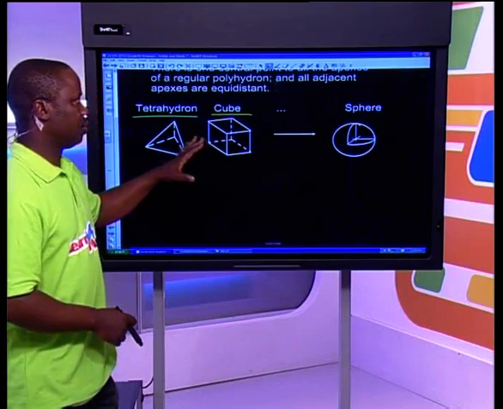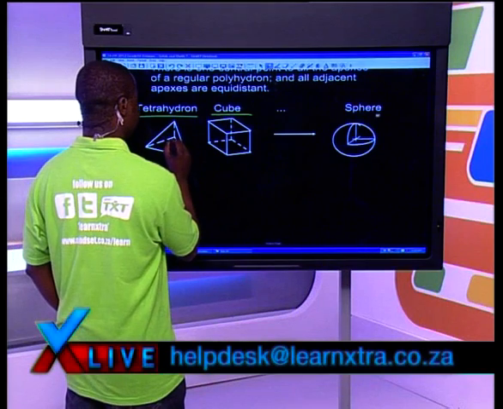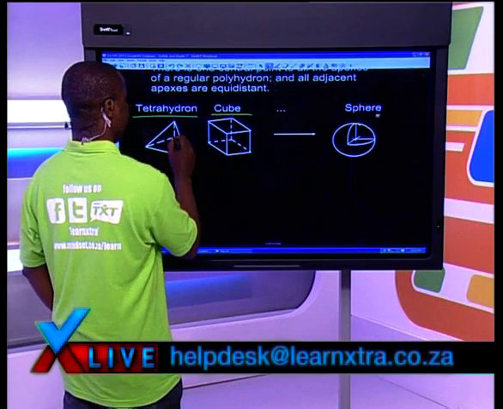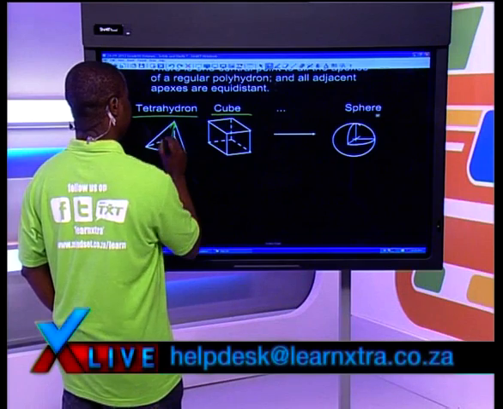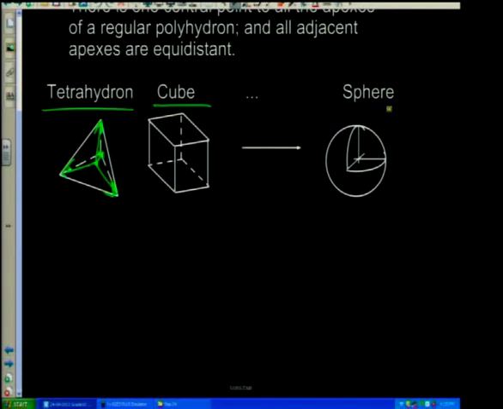All right, so if this continued and you imagined right at the end, remember now, for these regular polyhedrons, from the center of the polyhedron to any of the apexes, the distance is the same. So if we had a center there, the distance would be the same to the individual apexes, all of them. They have that property.